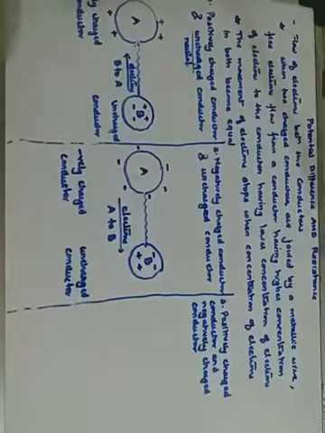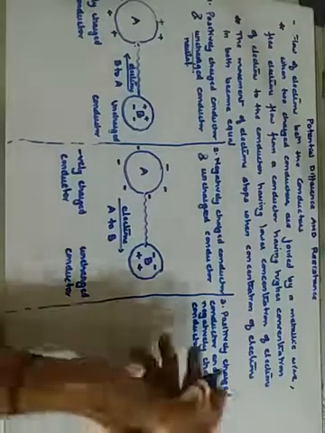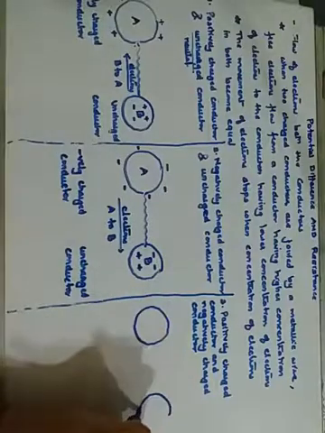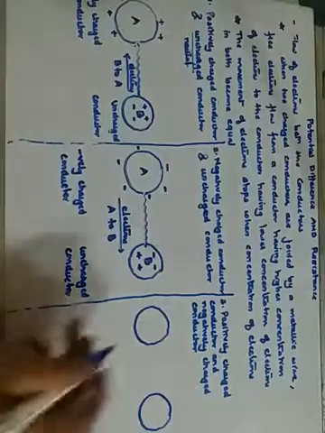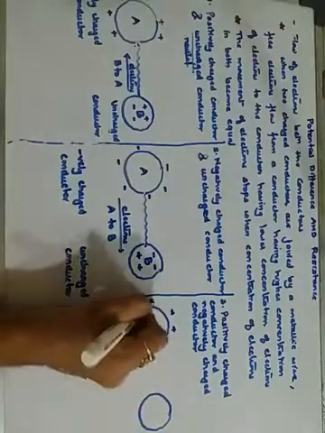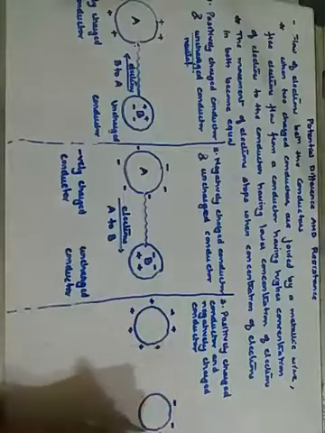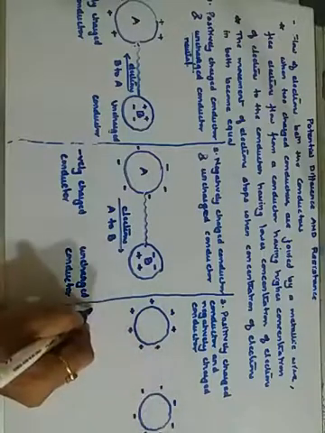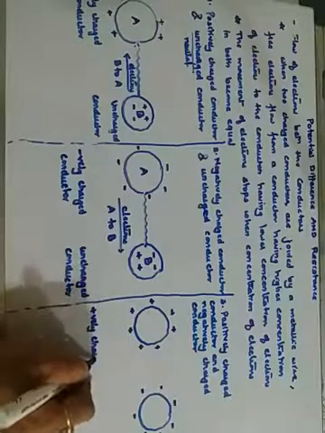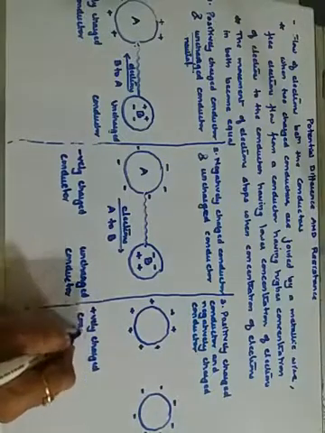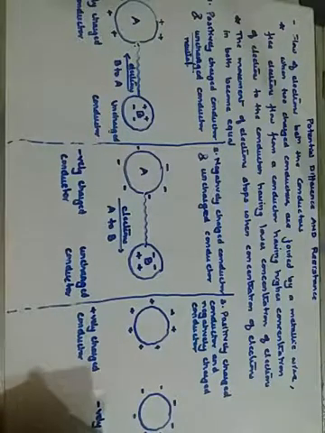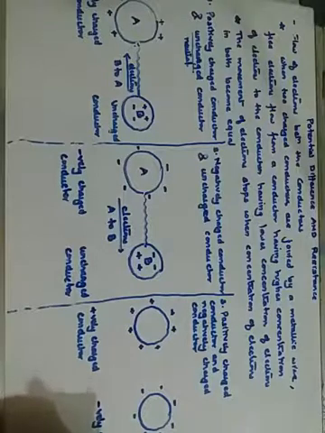Okay, now I consider the third case wherein I am going to take a positively charged conductor and a negatively charged conductor. Okay, what will happen is this is your positively charged conductor and this is your negatively charged conductor. Let me mention it. This is purely a positively charged conductor and this is purely a negatively charged conductor.